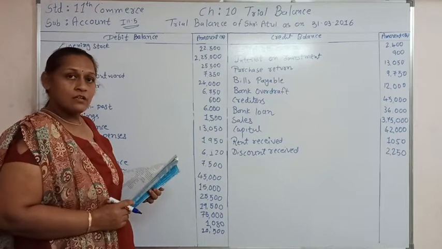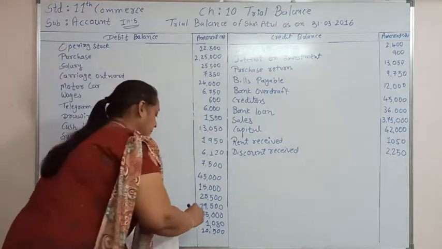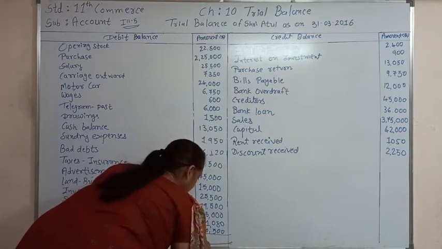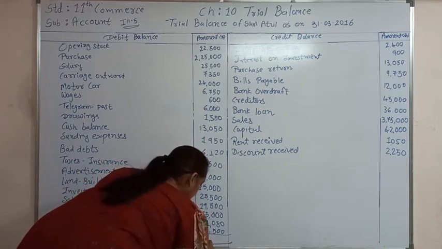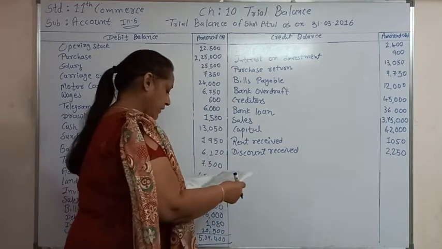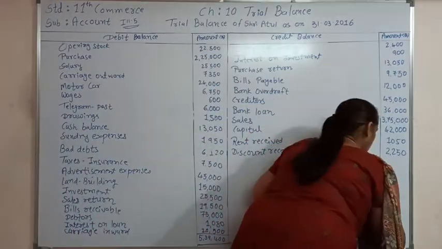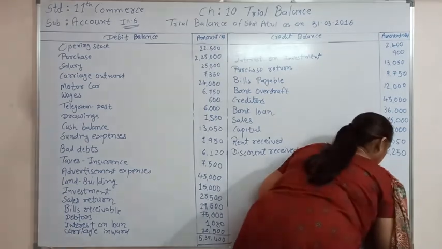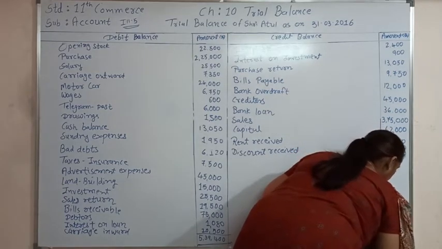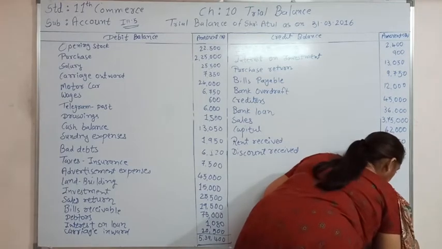So let's make the total of both sides. 5,39,400. Here also 5,39,400.